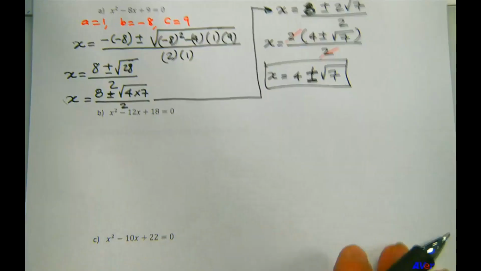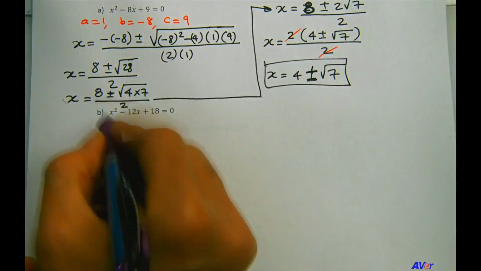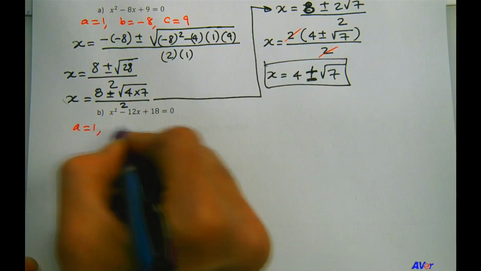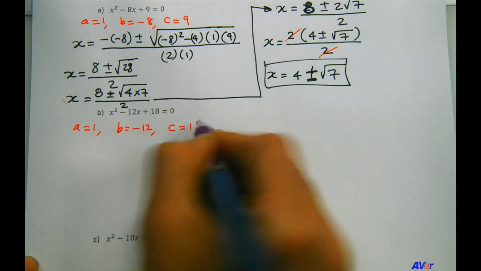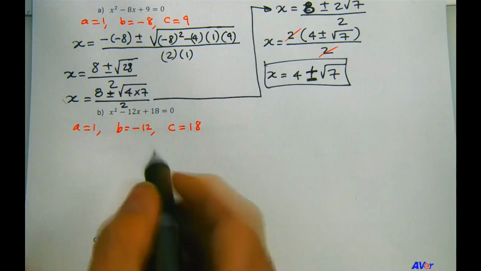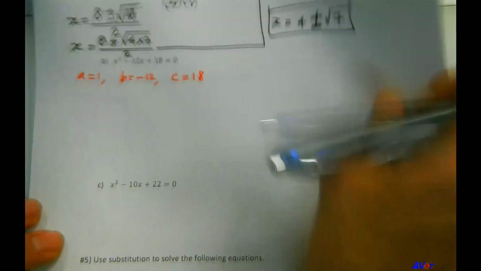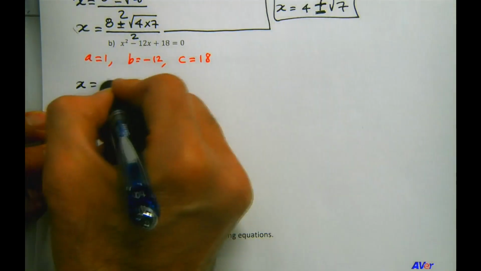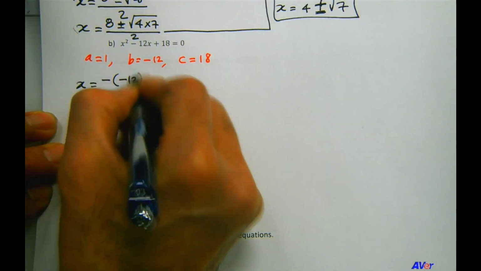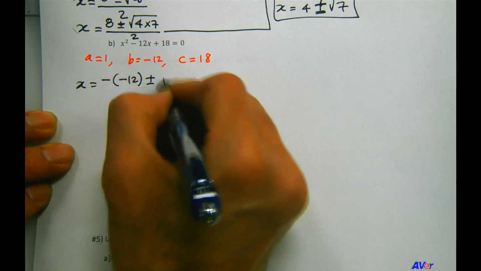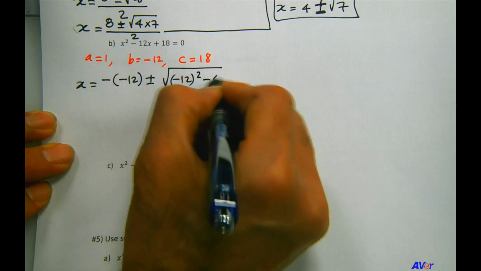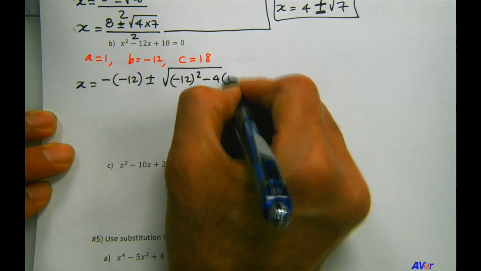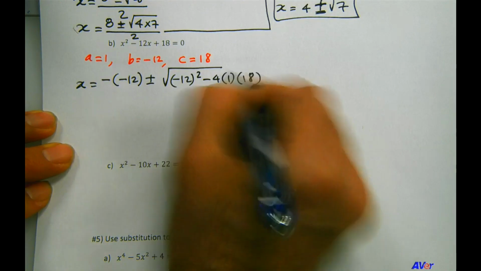Here again, we have a equals 1, b equals minus 12, c equals 18, right? So let's plug into the quadratic formula. We have x equals minus b, or minus minus 12, plus or minus square root of b squared, or minus 12 squared, minus 4 times a times c.